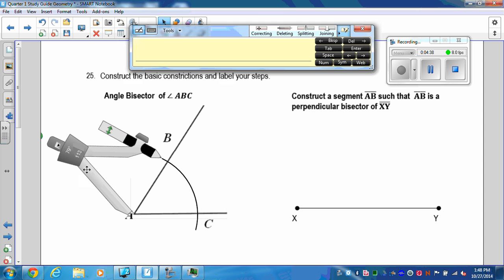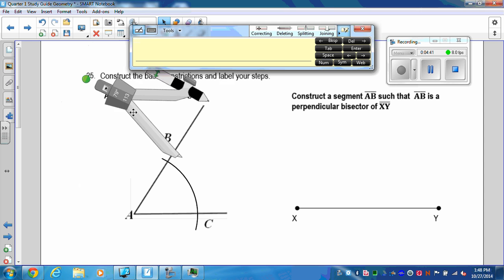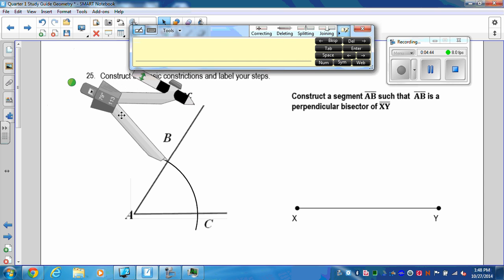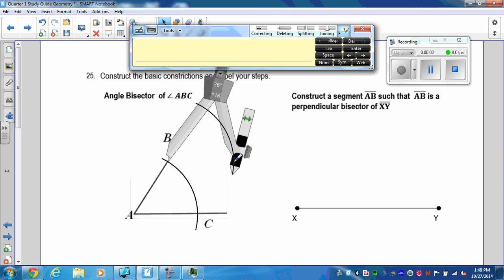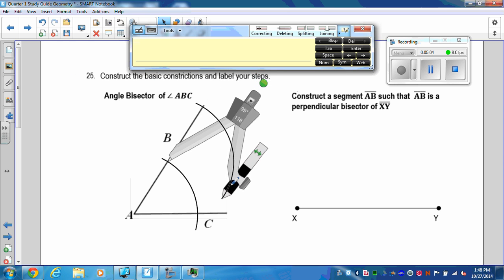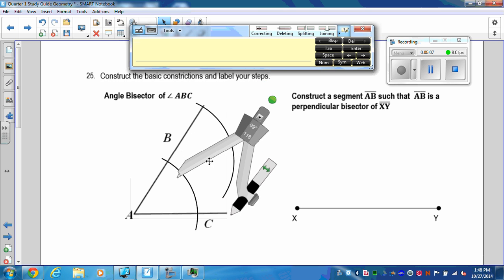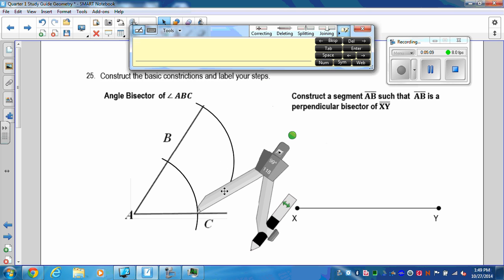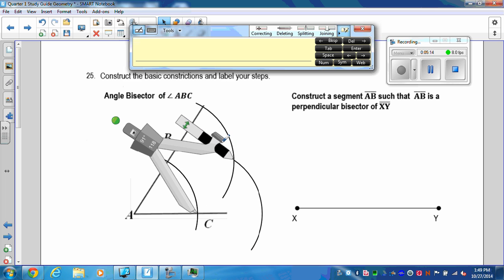Now we're going to place our compass so that the point is on the intersection there. Then we're going to move this arc so that we have an arc down here. And we're going to put the point without changing it now back up here. And we're going to move our arc here.